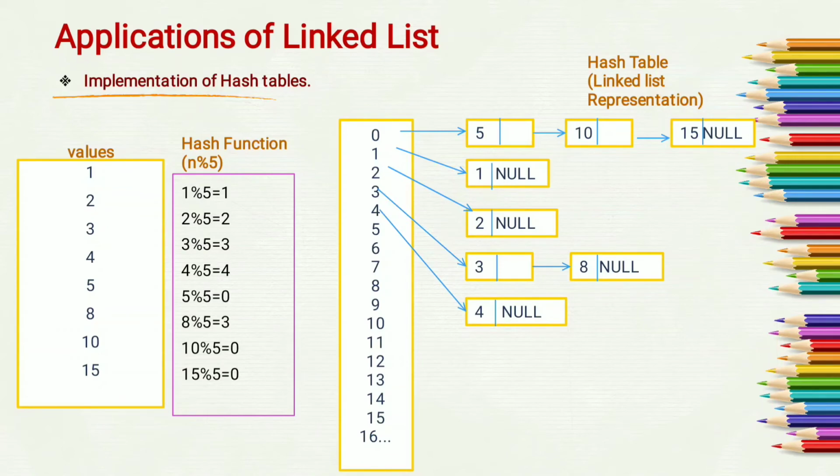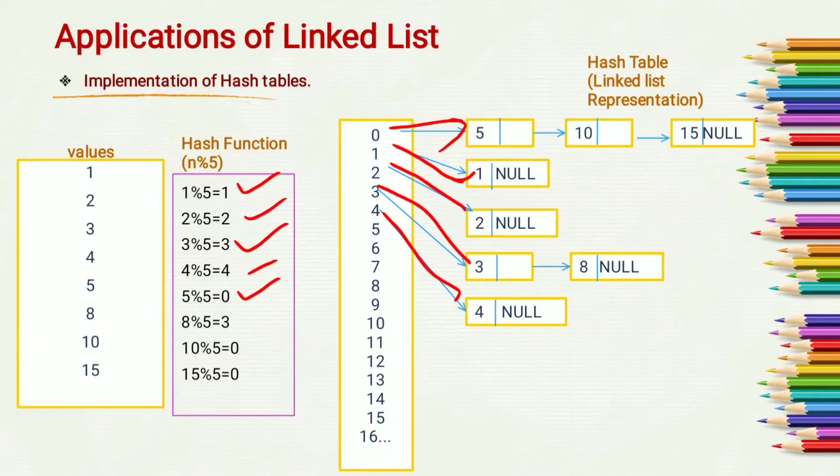So first we store the values by using this hash function, and then we perform the search operation. Here you can see you can get 1 from the 1 header node, 2 from the 2 header node, 3 from the 3 header node, 4 from the 4 header node, 5 from the 0 header node, 8 from the 3 header node, 10 from the 0 header node, 15 from the 0 header node.